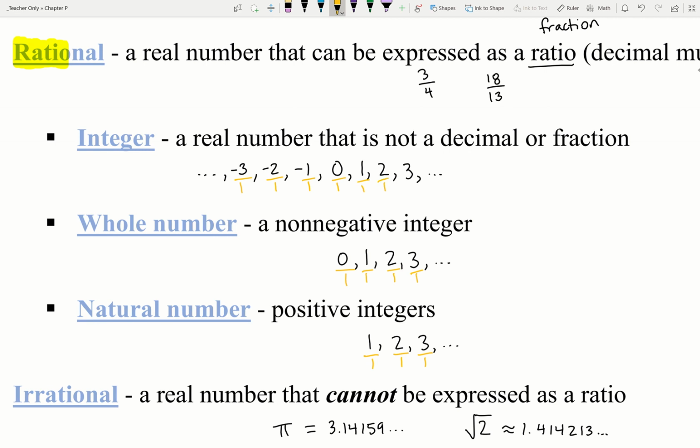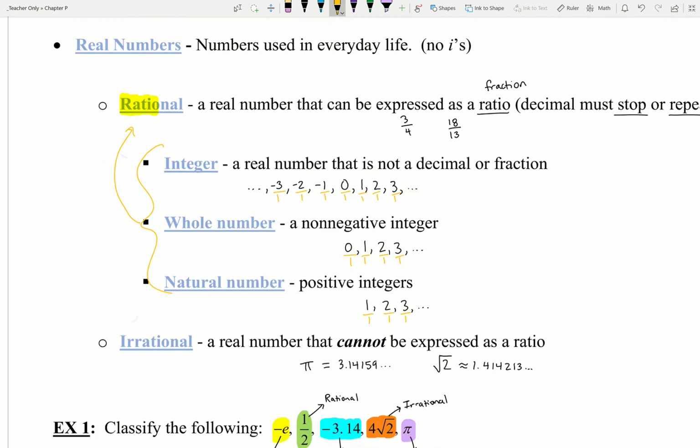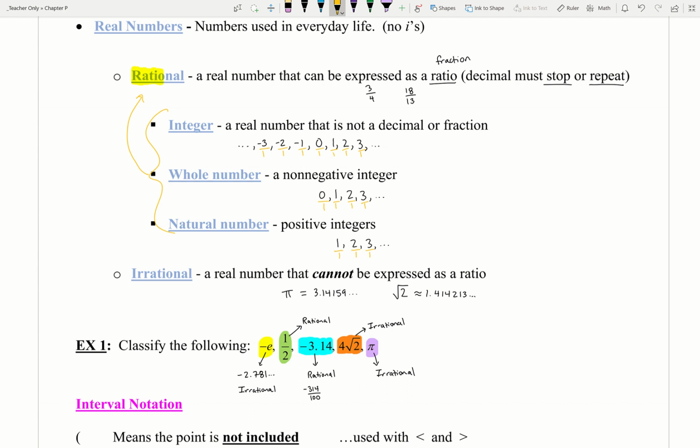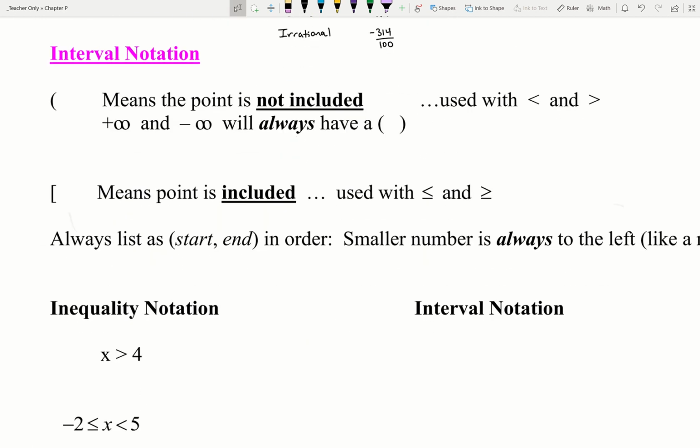So that's going to mean, folks, that these 3 sets of families, this integers, whole numbers, and natural numbers, they are themselves examples of rationals because I could just write each of them over 1 and then they instantly become fractions. Okay? So that's going to be something to keep in mind if you're ever asked to classify numbers. Okay? So there's a little bit about classifying numbers.